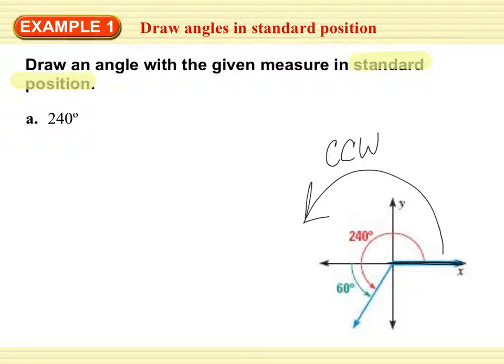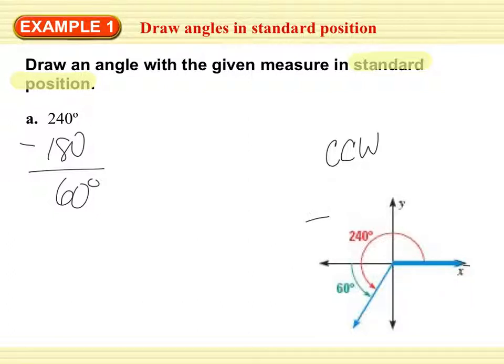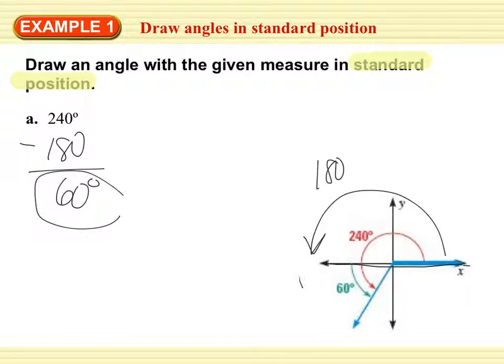To figure out 240, I know that a straight line is 180 degrees. So I'm going to do that subtraction right there because I don't know how far to go past. I've got 60 degrees left over. So if I look at my coordinate plane, I know that this straight line is 180 degrees, and we know that we want to go 60 degrees past that.